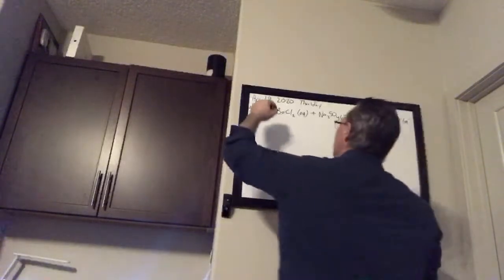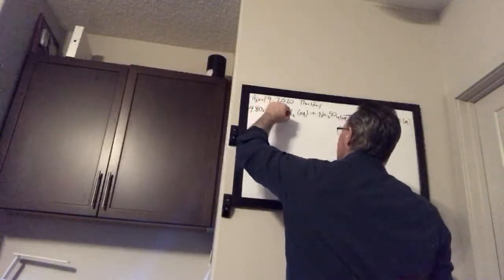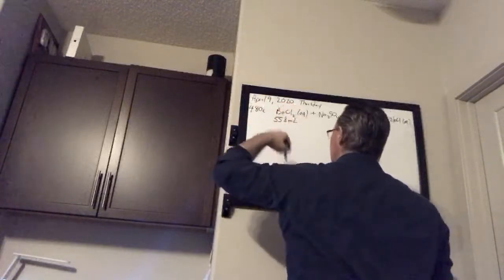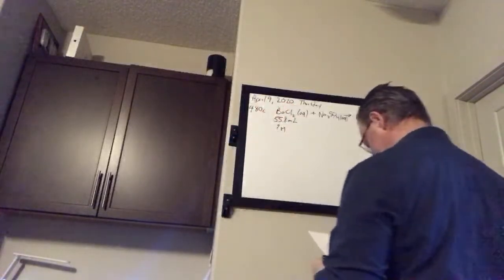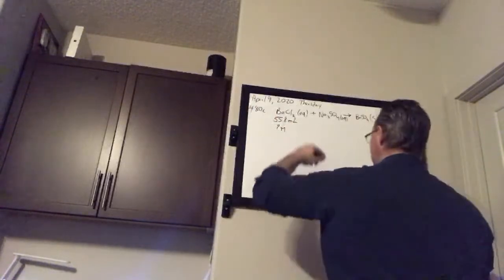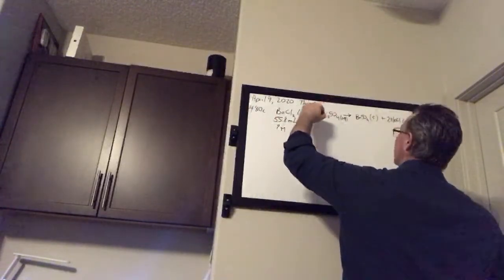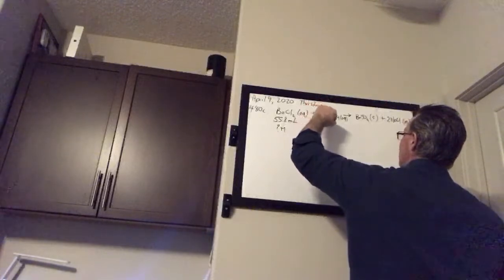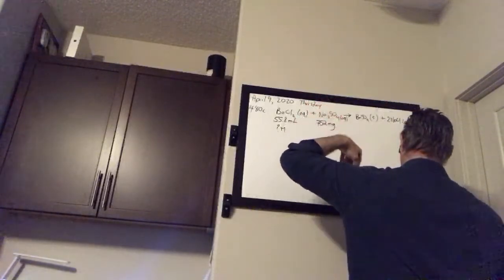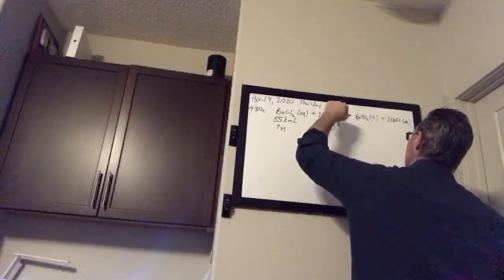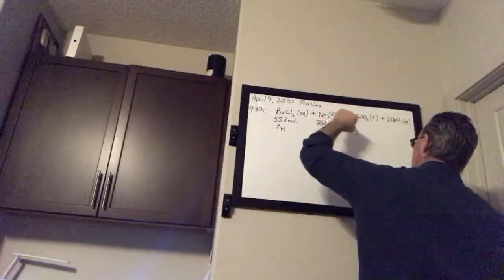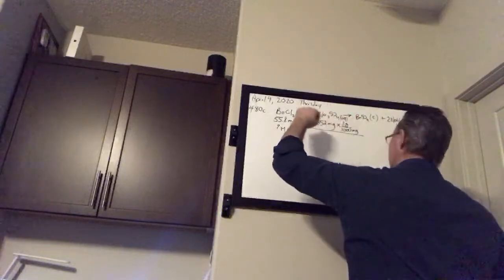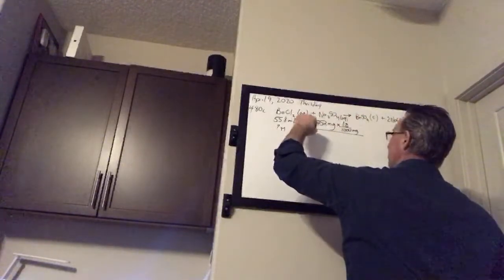We're told that 55.8 milliliters of this solution was needed. We don't know its molarity. That's what they're asking us to find. And we're told that 752 milligrams of this stuff was titrated. So we're going to turn that into grams by dividing by 1,000, and then we're going to divide by the molar mass to find the number of moles that's present.